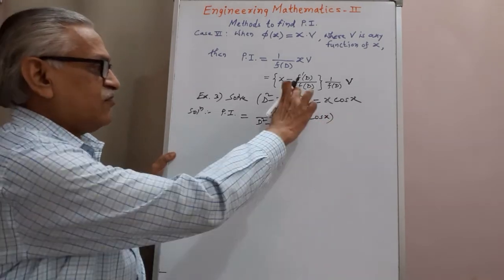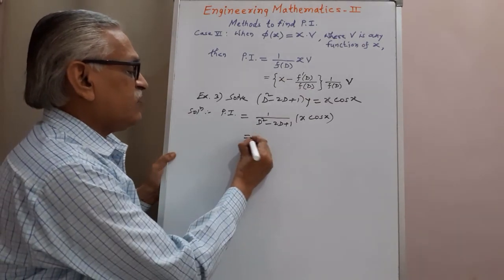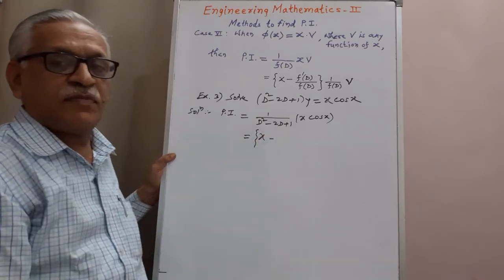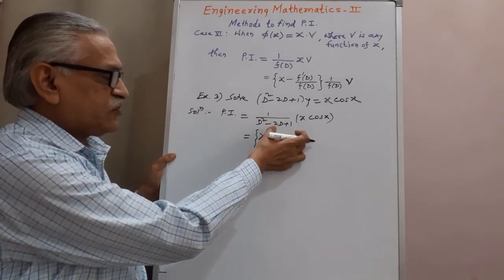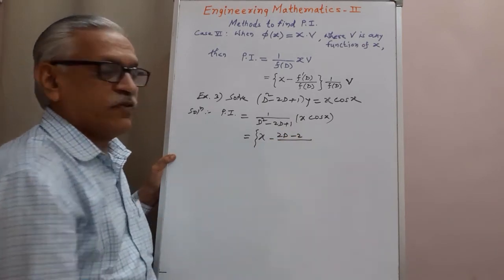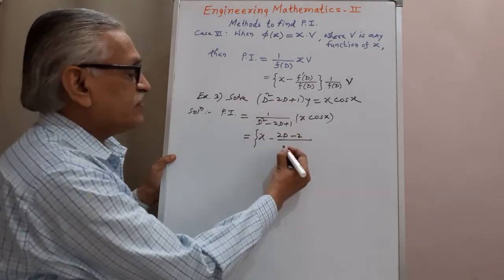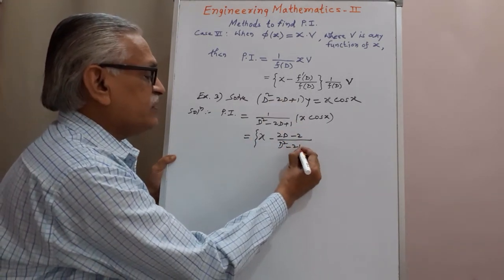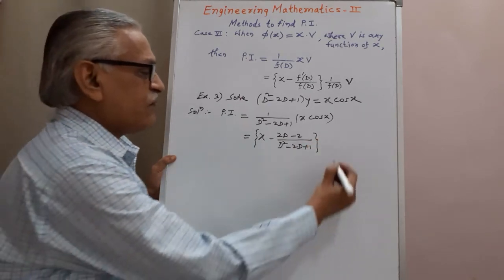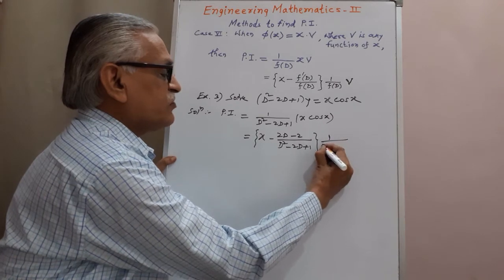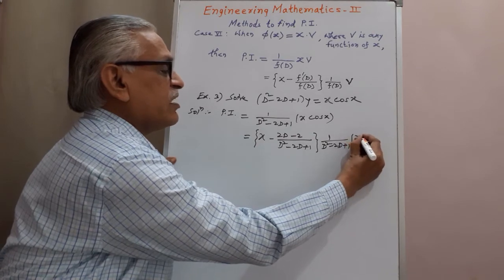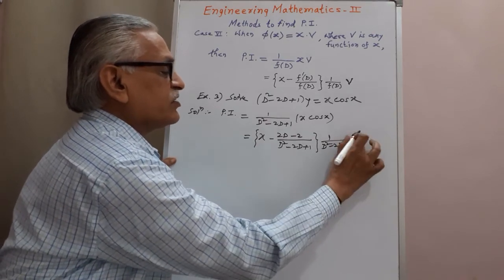Then applying that formula, or the result we have, it is equal to x minus f dash of D, the derivative of this with respect to D, which is 2D minus 2, divided by f of D. Here f of D is D square minus 2D plus 1, bracket close. Again 1 upon f of D, 1 upon D square minus 2D plus 1, operated on x v. V is here cos x.